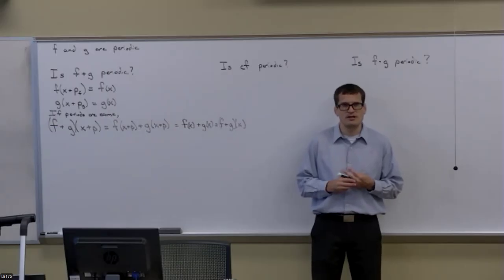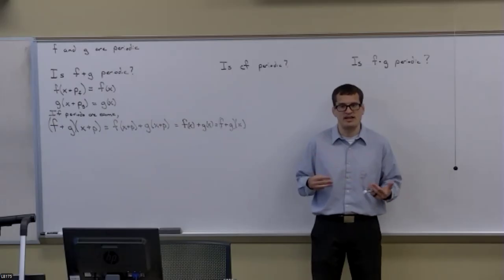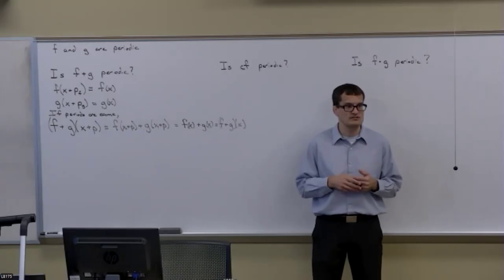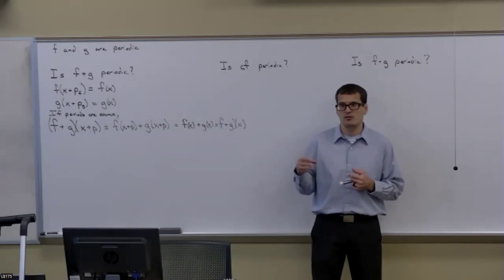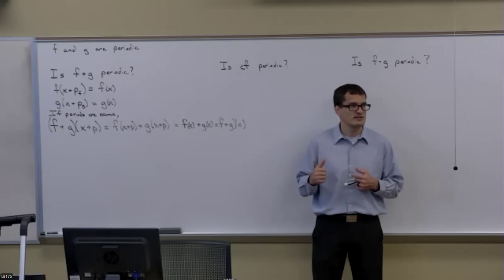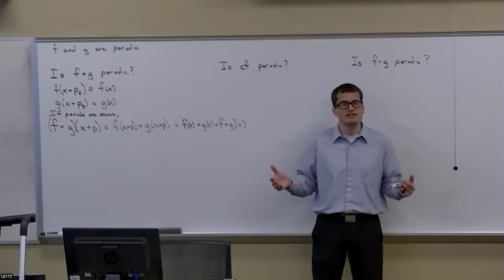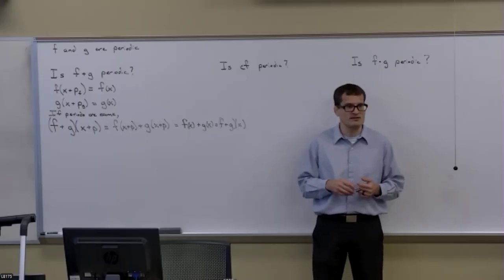If one of the periods is 3 and the other is 4.8, then a period of 48 would work for both functions. Does that make sense? Because 48 is divisible by 3 and 48 is divisible by 4.8. Makes sense, right? So as long as we have evenly divisible things, we can create some period that works.